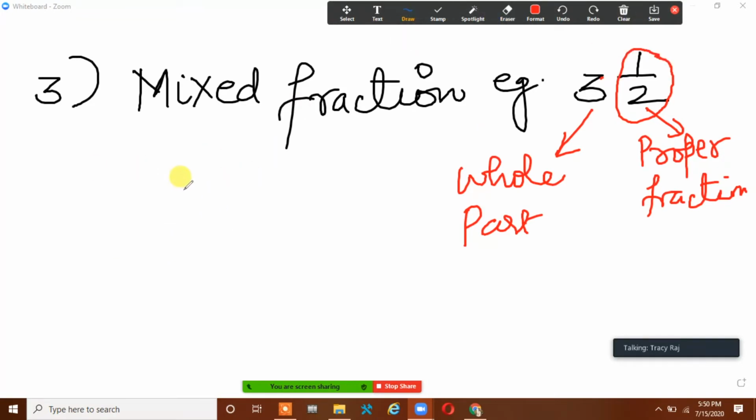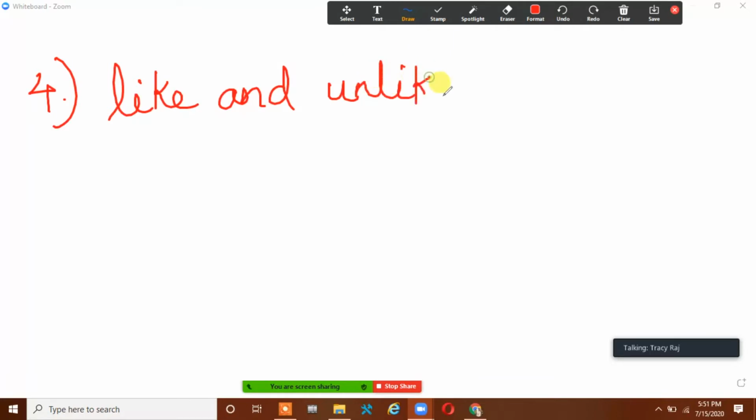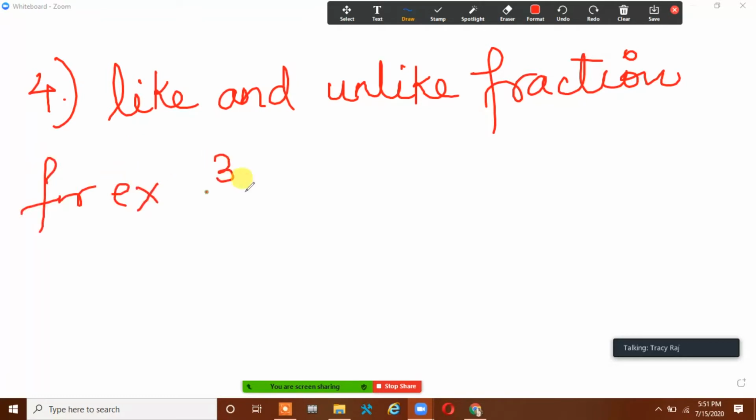Now the fourth one is like and unlike fraction. Like means the fractions which have the same denominators are called like fractions. For example, 3 by 8, 1 by 8, 6 by 8, all have the same denominator.